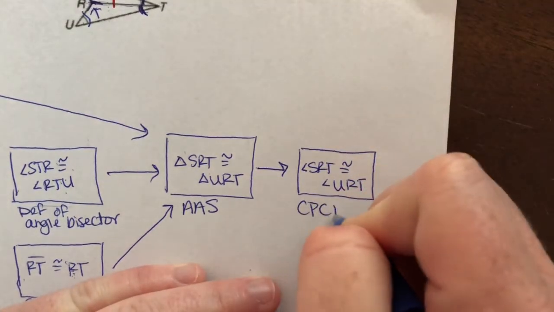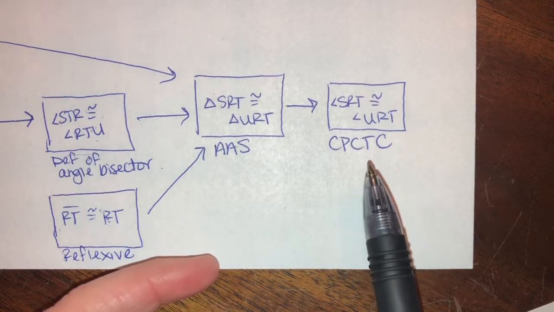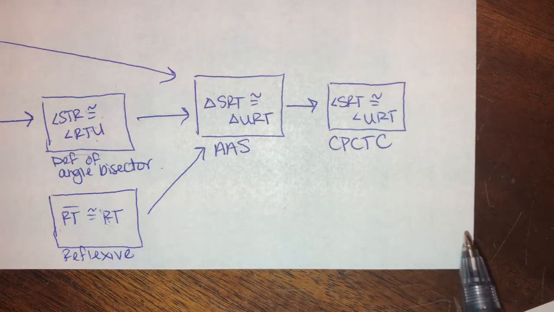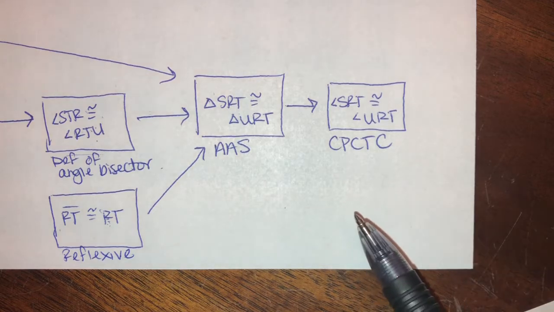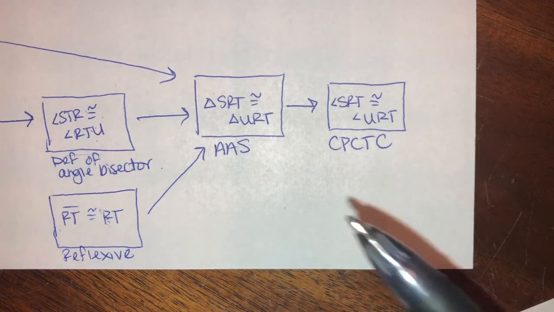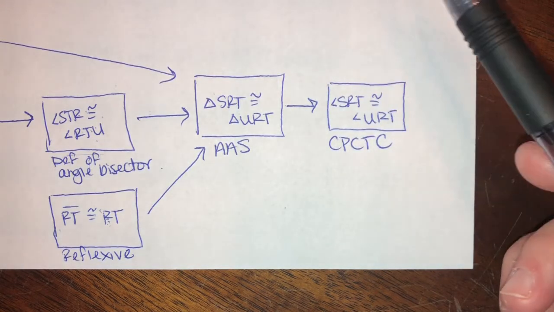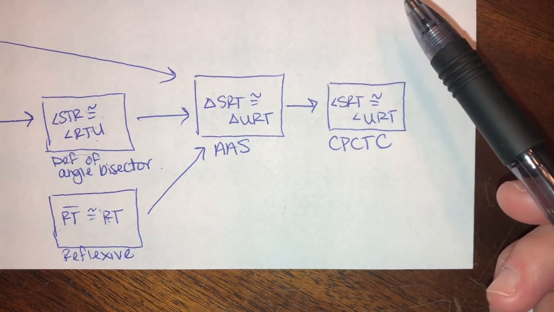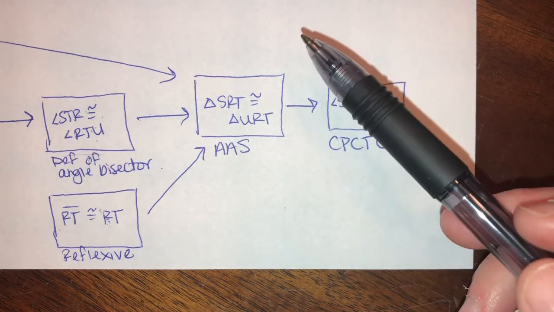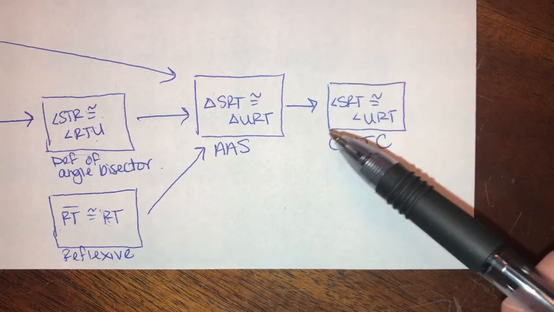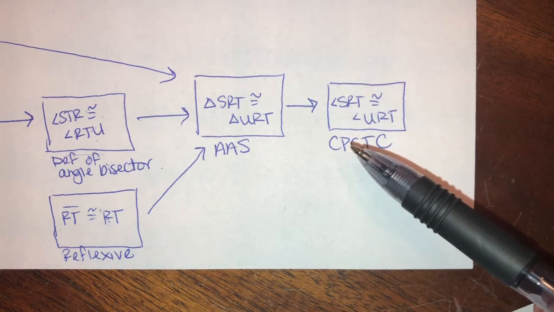CPCTC. Okay, so I know that I told you before that CPCTC is the rule that we use whenever we've proven all 6 parts of two triangles are congruent. That is true. Whenever we prove, not using one of the shortcuts, whenever we do it the long way, and we show that all 3 sets of angles of one triangle are congruent to all 3 sets of the other triangle, and that all 3 sides of one triangle are congruent to the corresponding sides in another triangle, then we can say the triangles are congruent because of CPCTC.